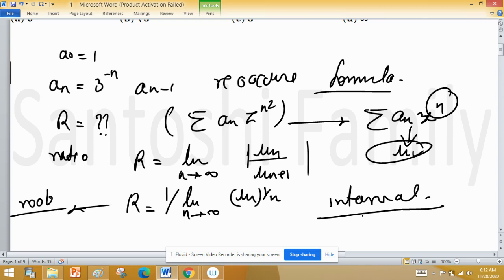Sometimes the radius of convergence only tells about the inside points, but we can't say exactly what happens at the endpoints.